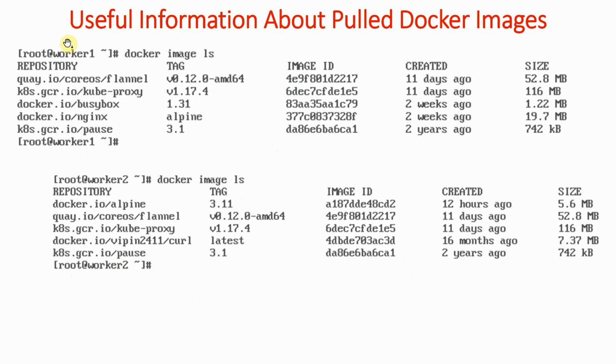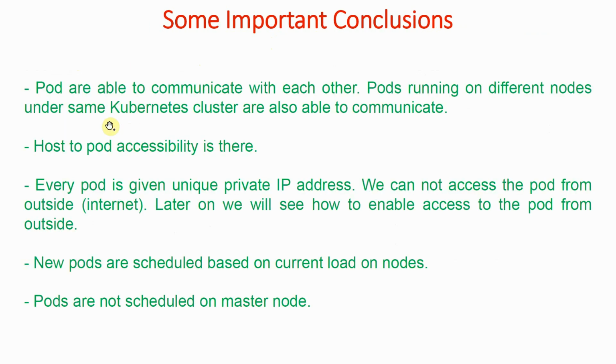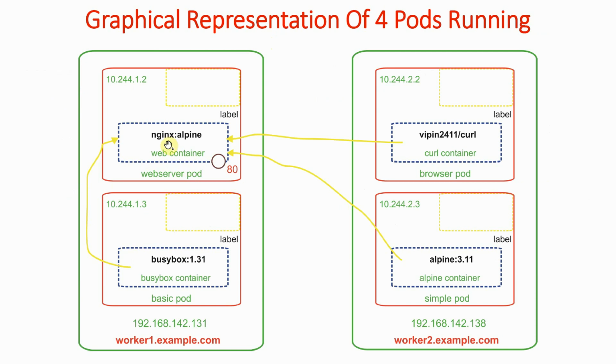So now if we want certain useful information about pod images, just go to worker 1 and worker 2. Docker image ls is showing that the image BusyBox was pulled on worker 1, and nginx. Why are we showing it? Because this pod is running on worker 1.